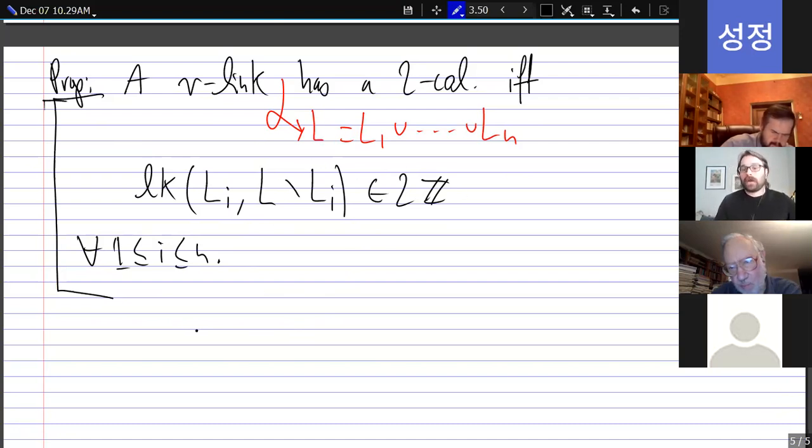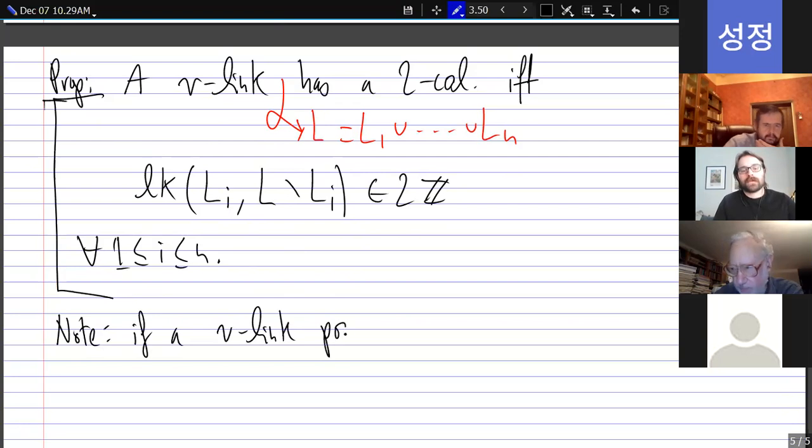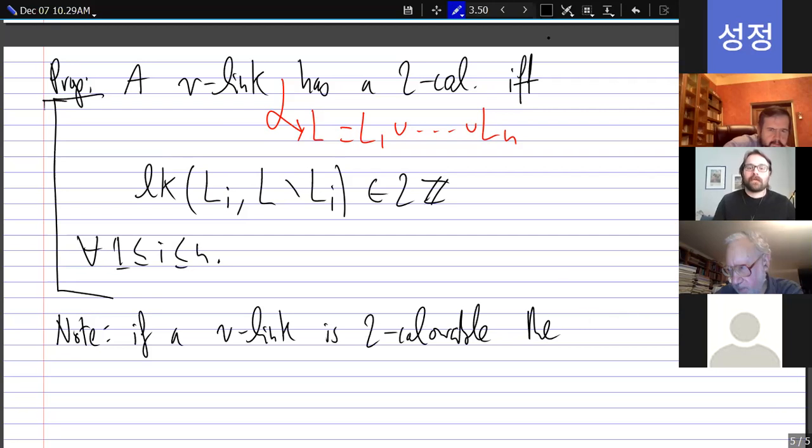It's also an observation that follows quickly from this, that if a virtual link is two colorable, let's say, again, I forgot to give it a name, for two colorable link L, then it has 2 to the number of components two colorings.